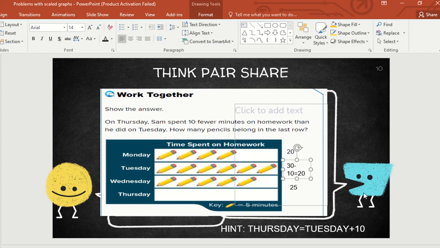Very good. And for 20, how many pencils will you make? Means how much will it be when you divide 20 by 5? You will count the table of 5 till 20. 5, 10, 15, 20. Very good. 4. So here you will be making 4 pencils. Great.